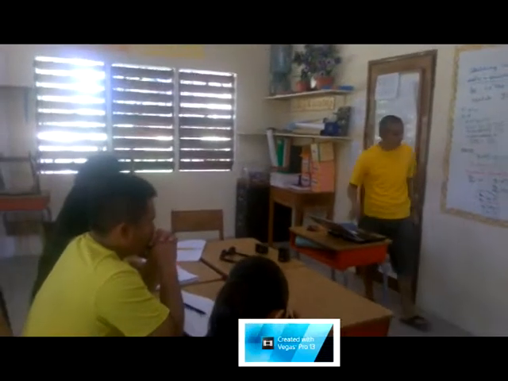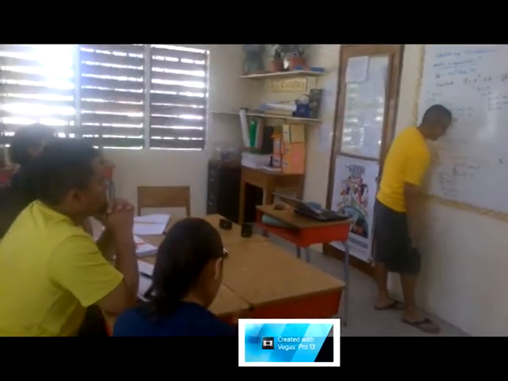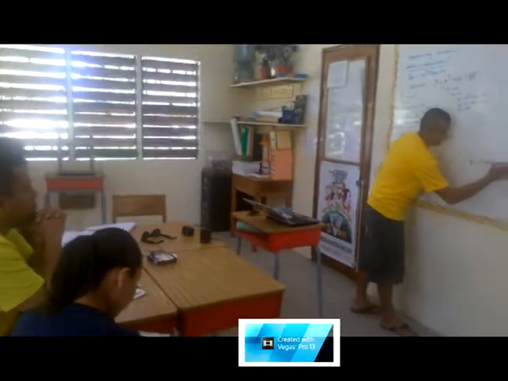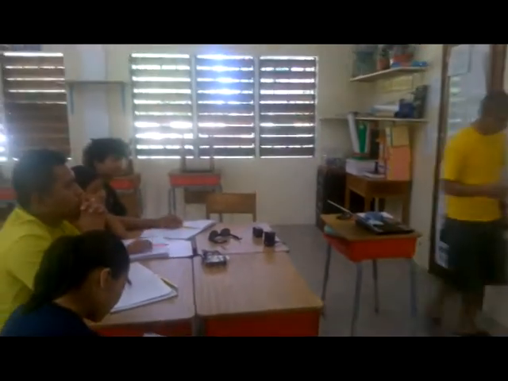Now, the original equation is y equals x squared minus 2x minus 15. So, Miss Marie, substitute x equals 1.